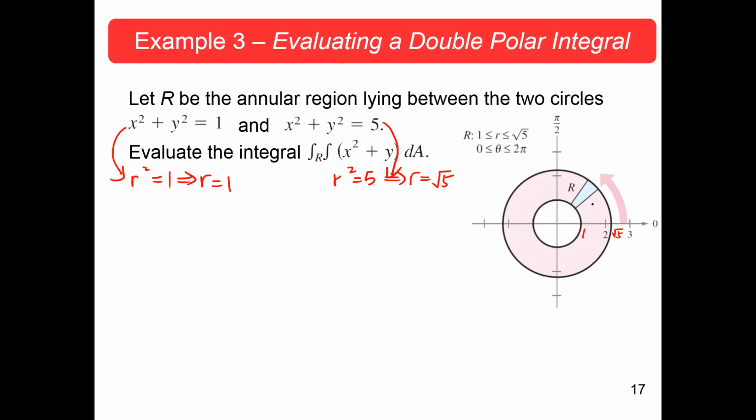So this ring could be expressed using this description. The radius would be between 1 and root 5, and the angle theta goes from 0 to 2 pi. Now let's put this into our double integration.